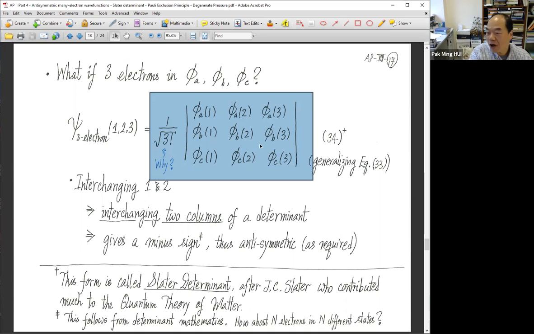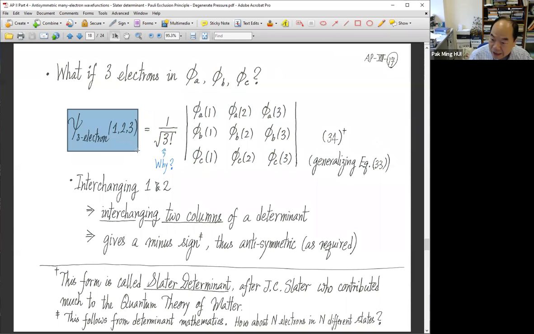There are actually 6 terms here, each term having 1 electron in A, 1 electron in B, 1 electron in C, but the 6 terms refer to all the possible assignments of particles 1, 2, 3 into A, B, C, plus a proper assignment of the +1 and -1 sign in front of each term to ensure that the whole 3 electron wave function is antisymmetric.